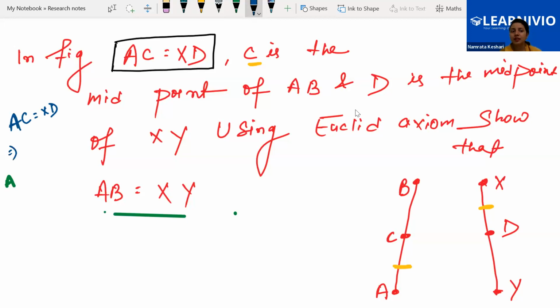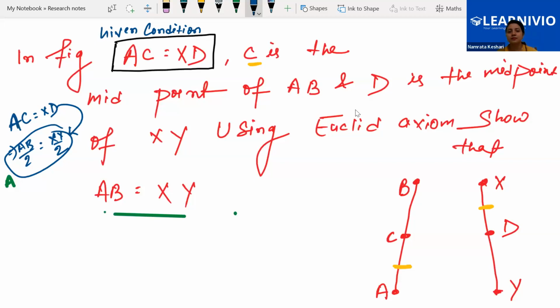You are writing AB by 2. Since C is the midpoint, we know BC and AC are the same, right? Yes, ma'am. Directly, can we write AB by 2 is equal to XY by 2? Like just after this step, can we write this? Are we using the given condition? The given condition we must use, no? Yes, ma'am.